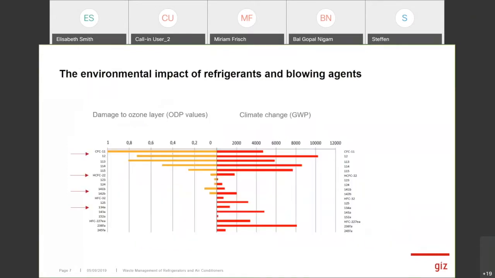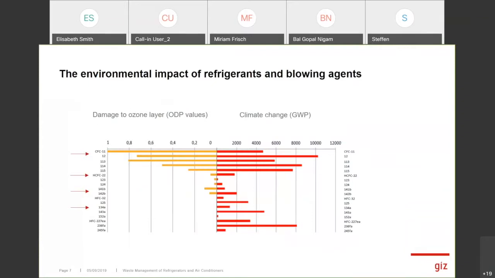Miriam already explained this chart. It shows the ozone depleting value and the global warming potential of the different refrigerants, and we have two groups of substances where we have to concentrate.